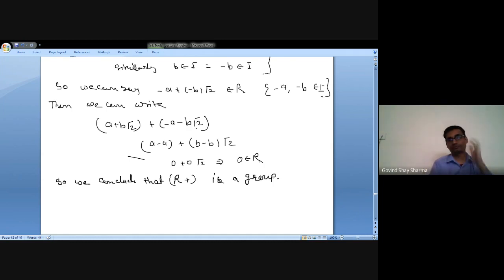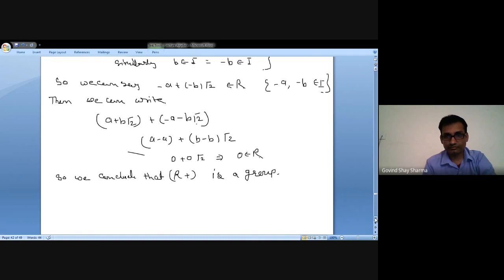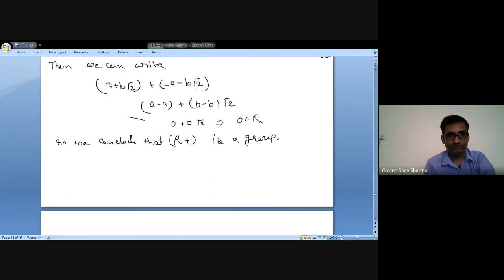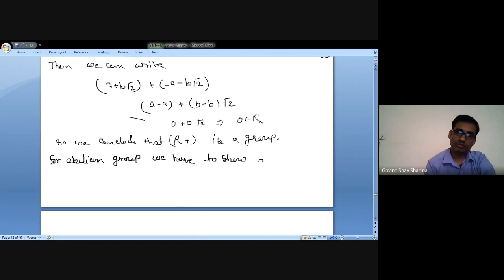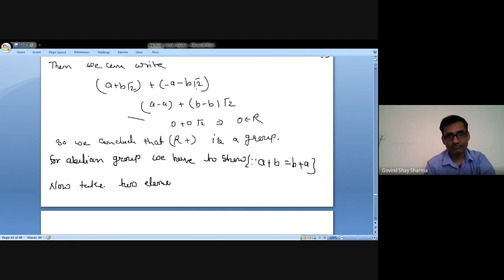For an abelian group, we have to show A plus B is equal to B plus A. Now take two elements in R. But which type of element in R?